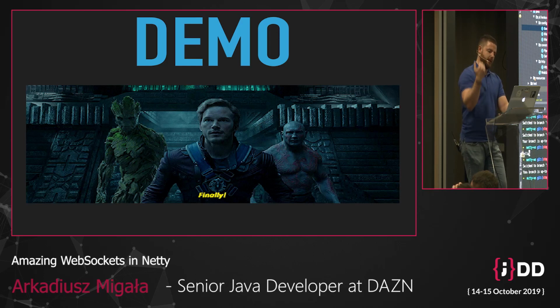So we are decoding the HTTP. Then we are checking if there is a handshake. And if it's not a handshake, then we are serving the HTTP request like we did before. But let's take a look at what's here. Here we also use the simple channel inbound handler because at the beginning of the handshake it will be an HTTP request.